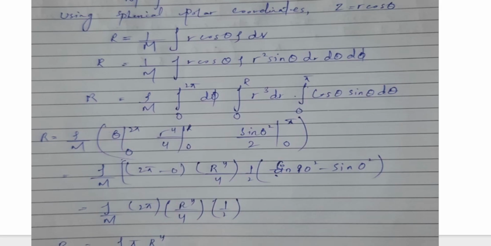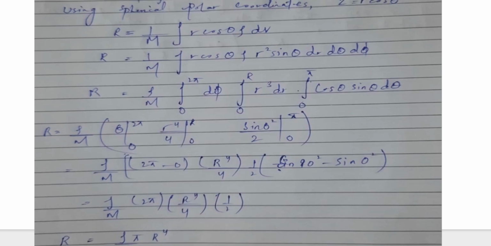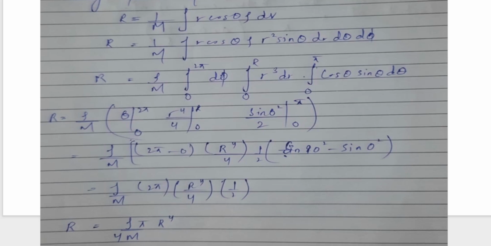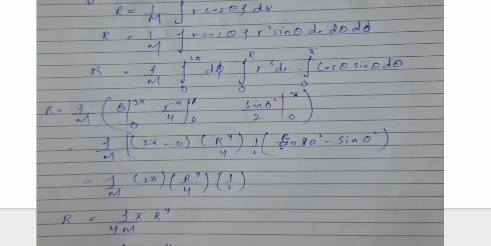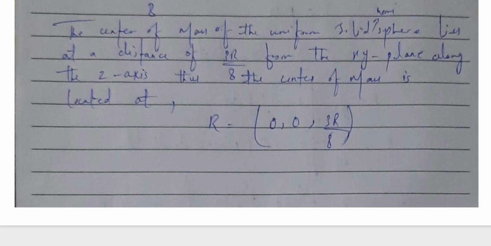Now further you can see, after putting the limit values, you will get what? You will get the values. These values we will get after integrating. So you can do it by yourself. It's simple, there's nothing new in this question.